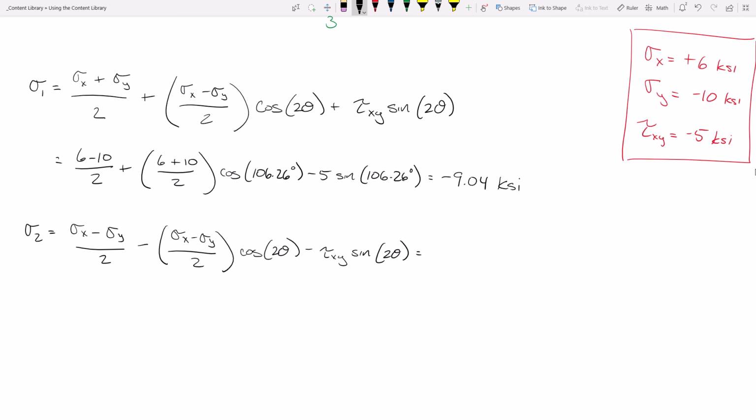So does somebody have an answer for this one? I want to see if somebody else can get this one. I'm not going to plug it. The values are there.